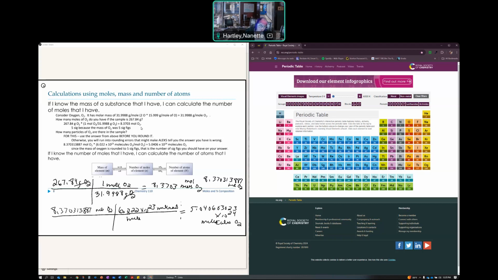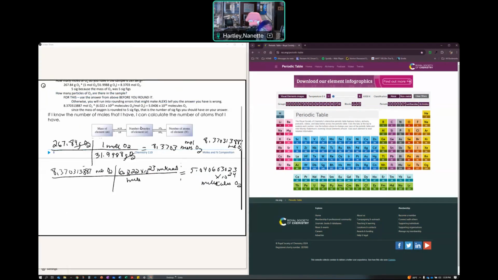Now notice what I've done here is I've done 2 separate calculations. So I did one to get to moles, and then I took that answer and I did another one to get to particles, molecules, atoms. Do I have to do it that way? Not really. So 267.84 grams of O2, 1 mole of O2, 31.9988 grams of O2.